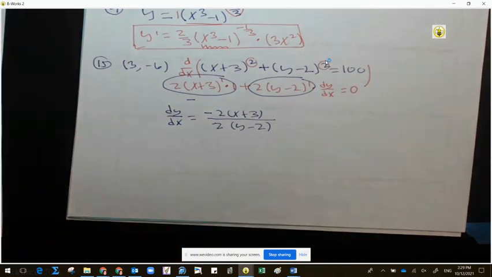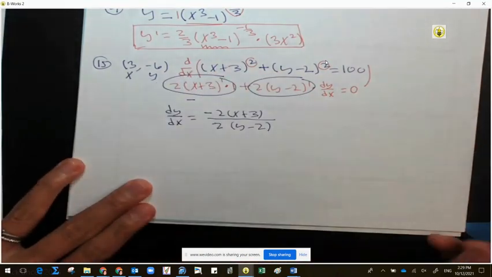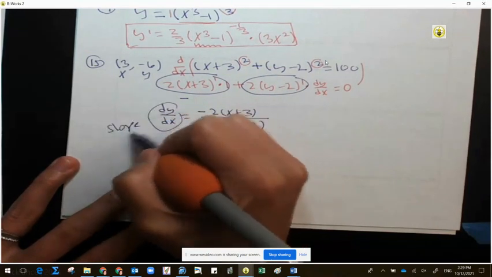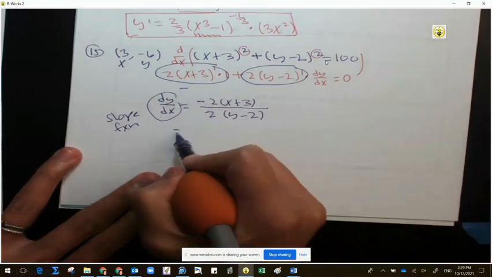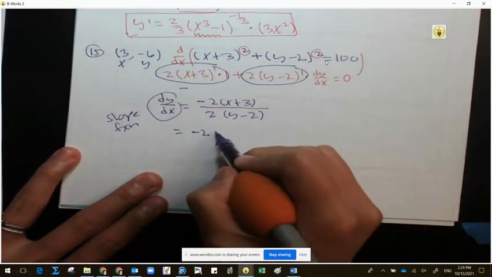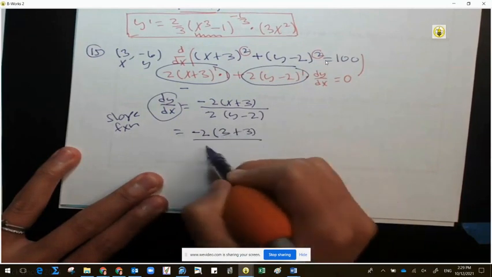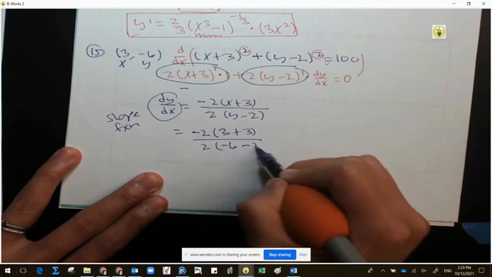And at this point, all we need to do is plug in 3 for the x, negative 6 for the y. This is our slope function. Now I'm going to keep writing this out because it's been a while. Maybe some of you guys forgot. So my slope function for this one is negative 2. My x is represented by 3. And copy everybody as I have. My y is negative 6 minus 2.